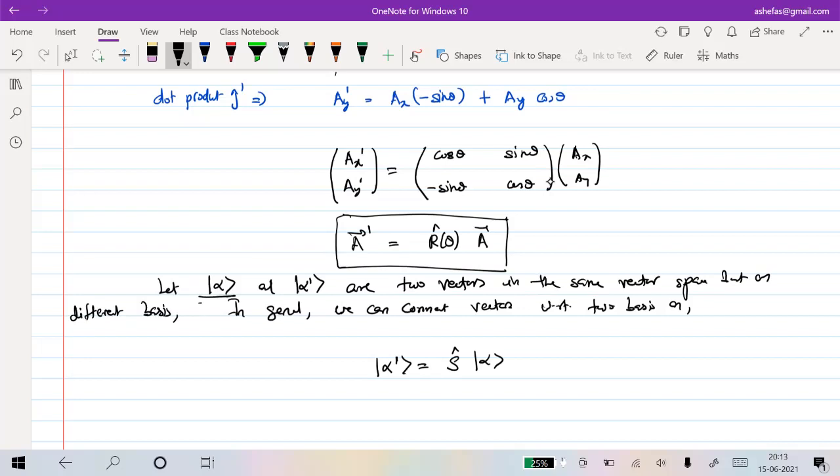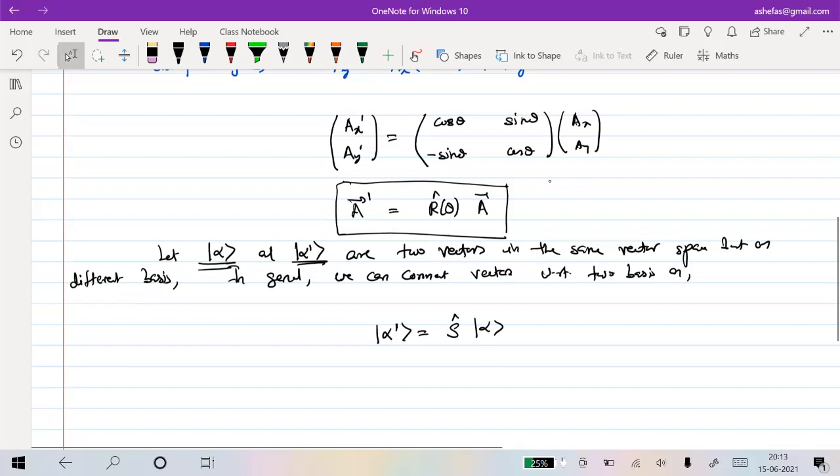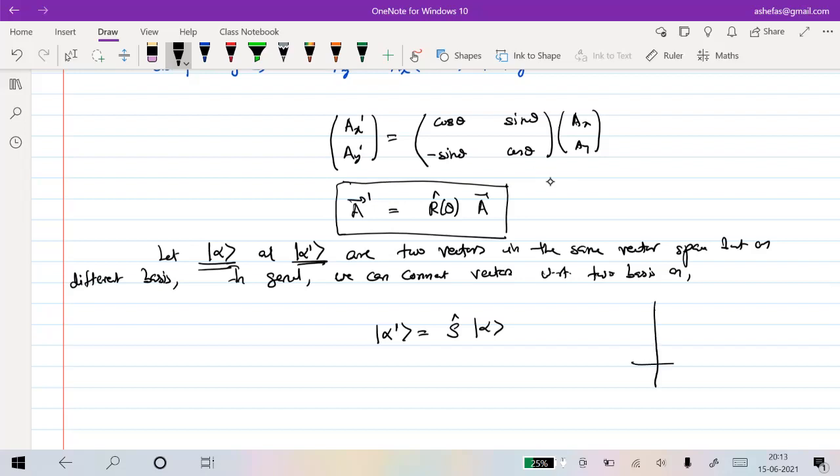One is in one basis, alpha prime is in another basis. Then alpha prime and alpha can be connected through this particular equation. That is possible. This is a generalization to n dimensions. So in 2 dimensions, suppose you have some vector alpha.